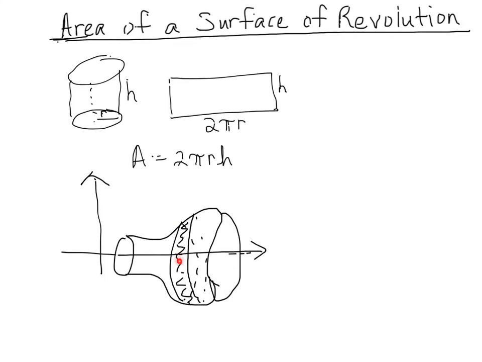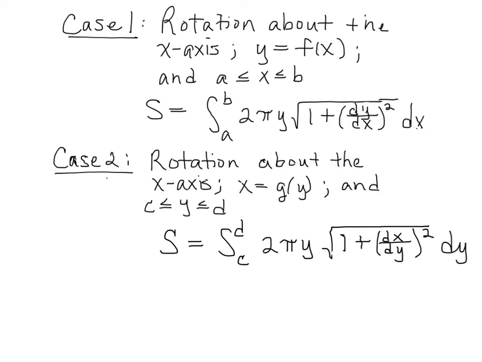We'll use an approximating band to help us find our surface area. But notice here we also take into account the length of the curve. This brings us to the following.